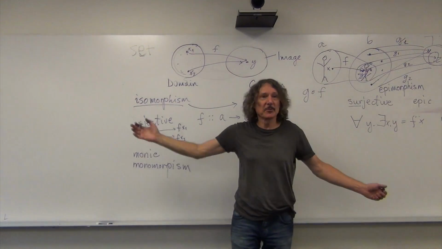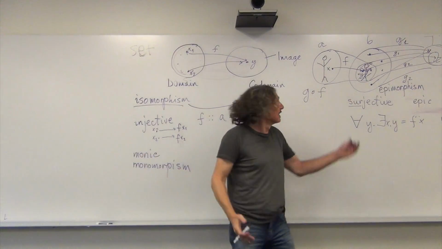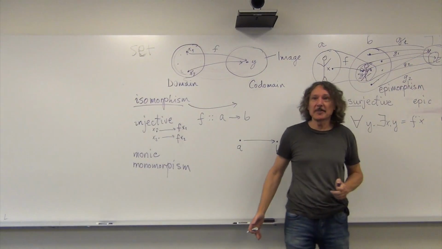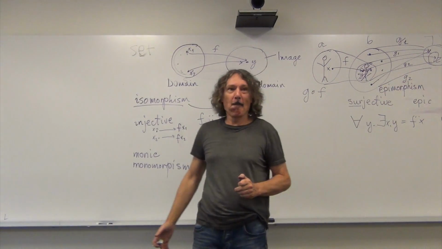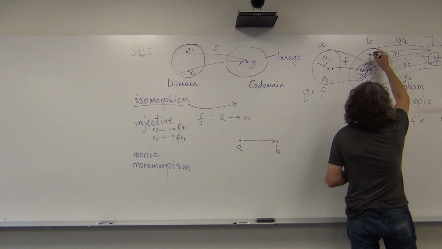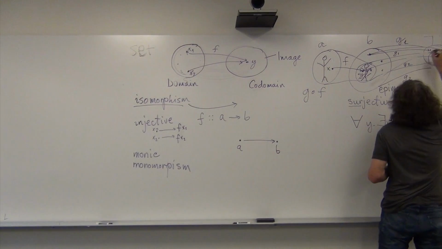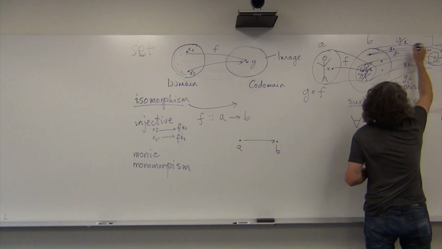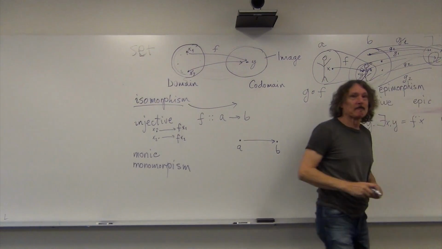Then g1 is different from g2, right? Because they map points differently. Or actually what I want to say is the same point is mapped by g1 and g2 to something different, right?